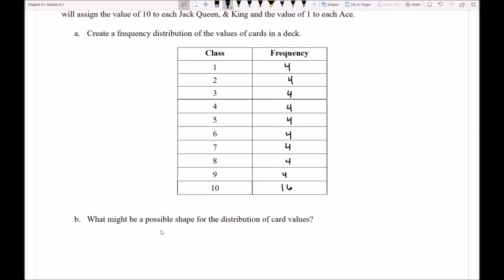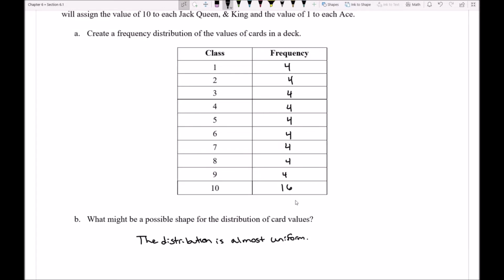So I don't really have a good shape for something like this, but maybe I'll state that the distribution is almost uniform. That's at least probably the best I could do to describe this. I mean, it's almost the case that all bars would be the same height, or that every class has the same frequency, except for this last class.